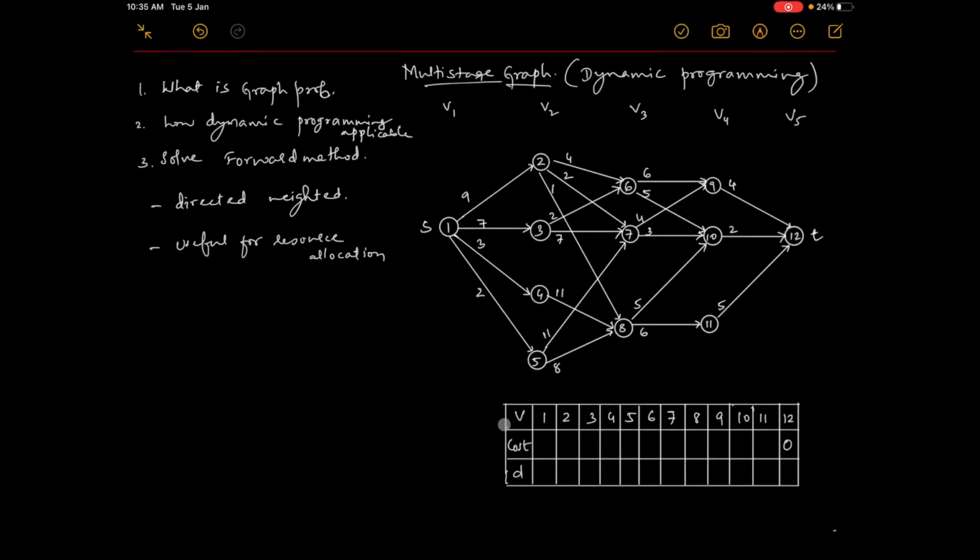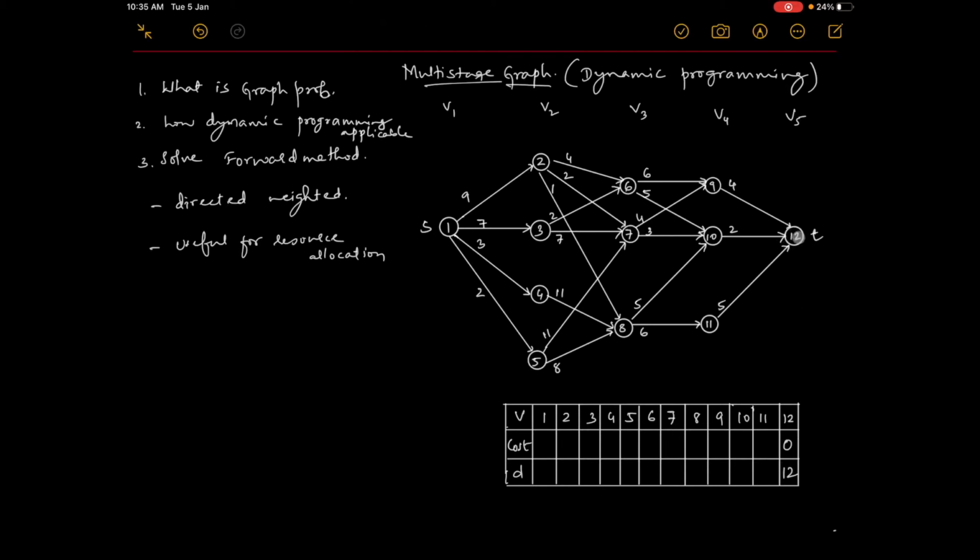These round nodes we call vertices, and if you are already there, the cost is 0. Yes or no? If you are already there, you don't have to spend money to reach there. So cost is 0. What D is, we'll see later.